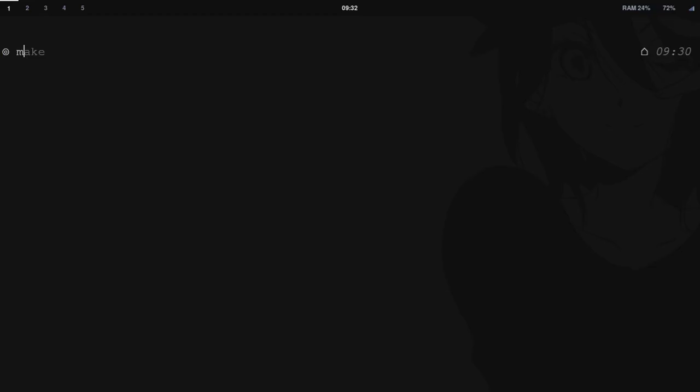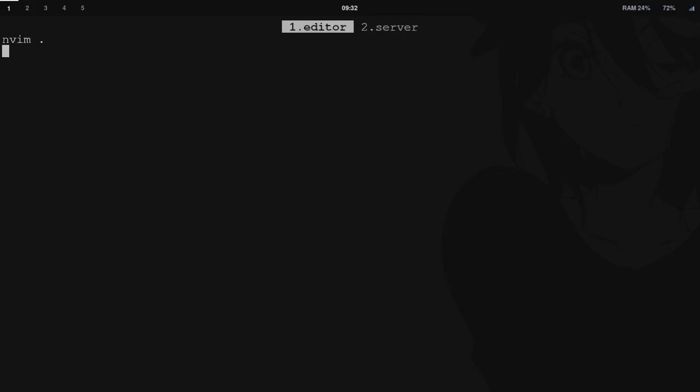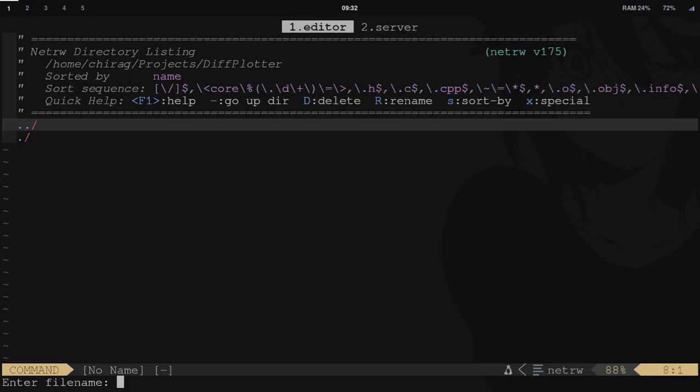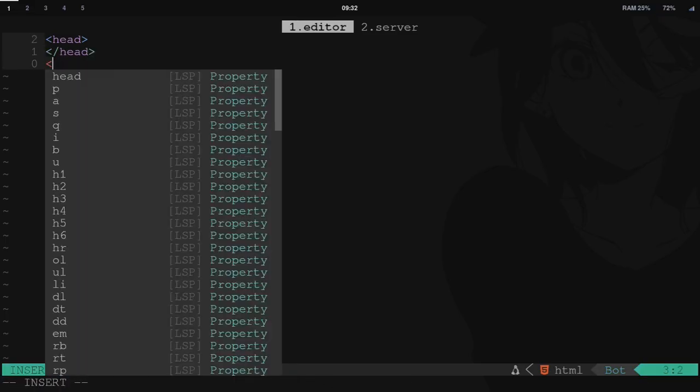So let's start by making a directory in projects that will be diff plotter. Let's go on diff plotter. Let's start with an index.html and let's quickly have a head and a body.